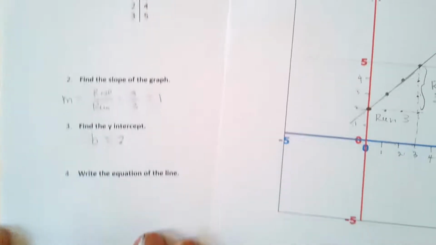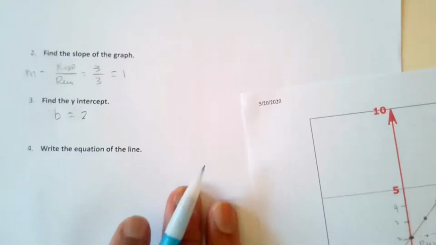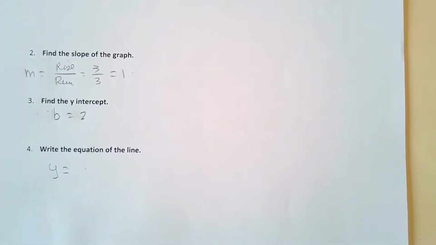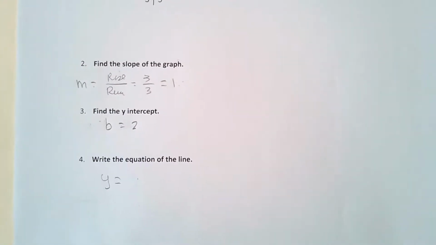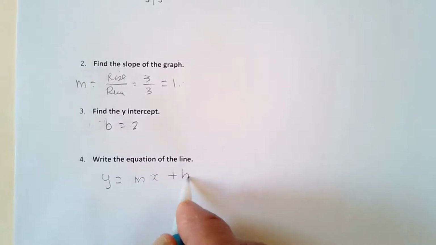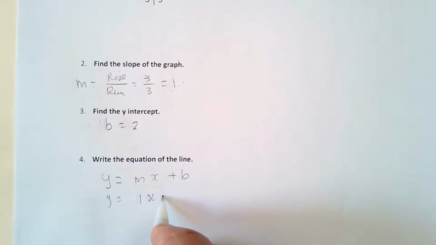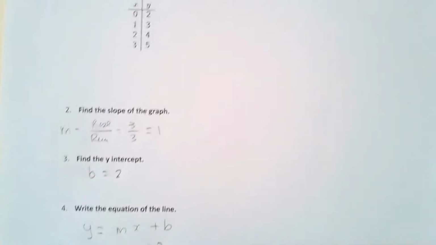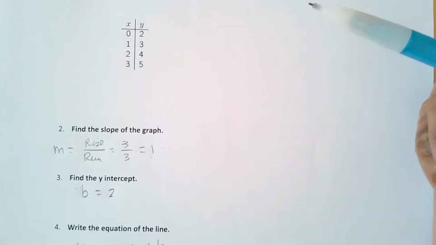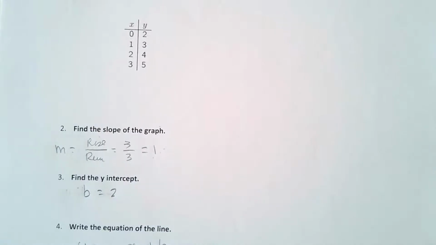So my equation then for this set of data is y is equal to, you can rewrite this formula, y is equal to 1x plus 2. So this set of data here gives you the equation of a straight line.